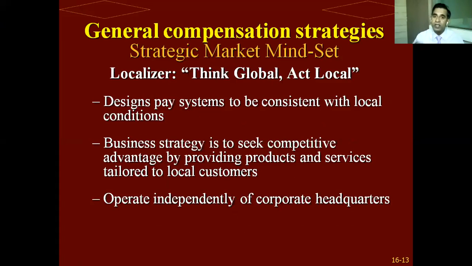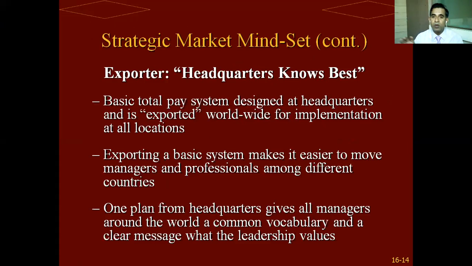Can they afford to adopt this strategy of acting local, meaning paying according to the local systems in the US? It won't be able to afford it. What it may afford is the exporter policy: what we pay in India, the same amount we will pay, and maybe certain extra costs can be borne by the employer. That's it. There is no standard chart that says which strategy is best. It all depends on the factors which I mentioned.